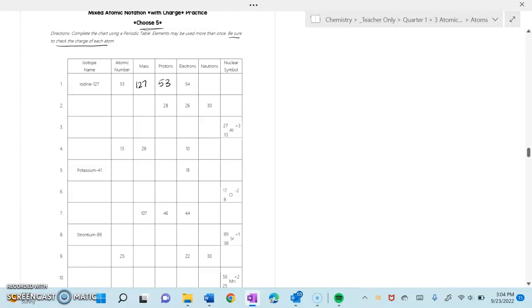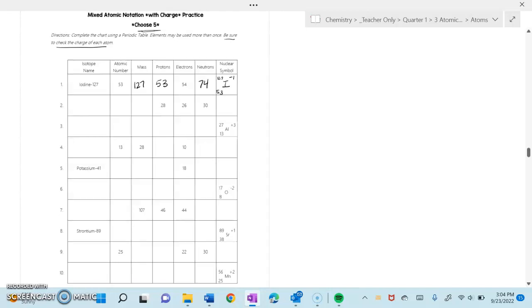Let's do the math. If there's 127 mass in that nucleus, subtract out the protons, and you're left with 74 neutrons. And lastly, the symbol, iodine, atomic number, mass. Protons minus electrons. We got 53 minus 54, which is -1. So this has a -1 charge on the ion of iodine.